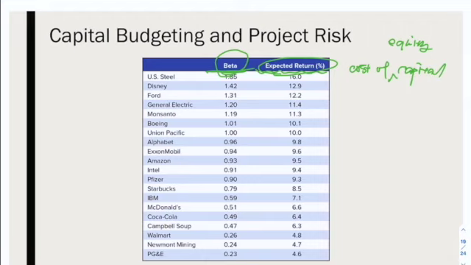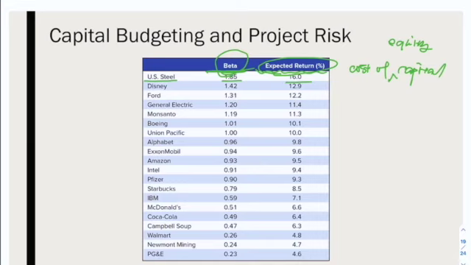And the cost of equity capital tells us that if an investor is willing to invest in US Steel, which has a beta of 1.85, it is requiring a return of 16%. Because according to CAPM, any risky asset with a beta of 1.85 should yield a fair expected return of 16%.